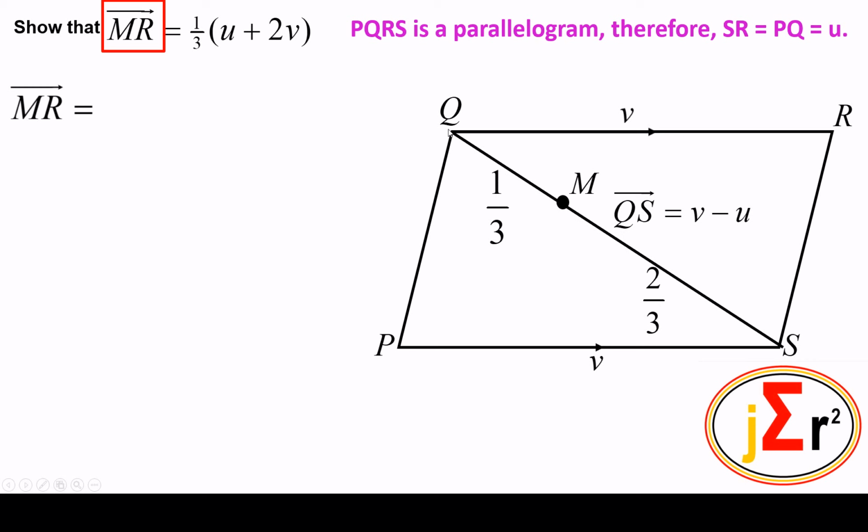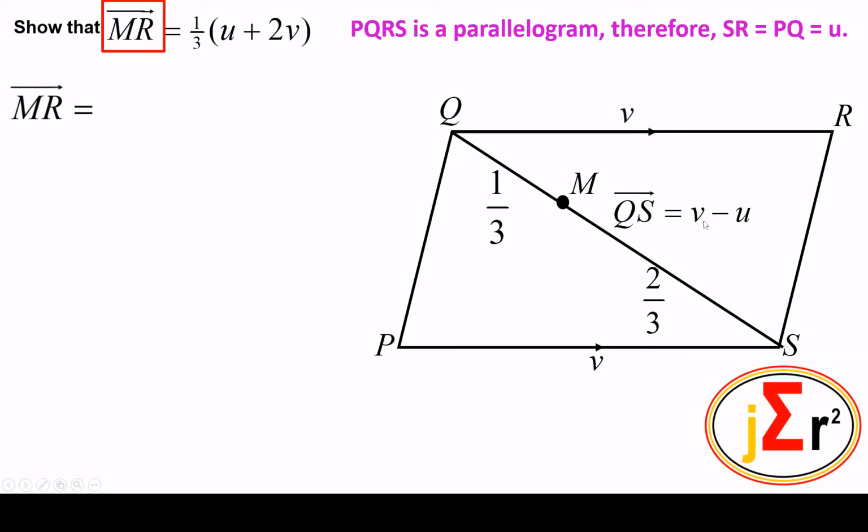We also know that the vector that goes from Q to S is V minus U. In this direction, it is V minus U. Notice that when we are going from M to Q, we are going in the opposite direction.